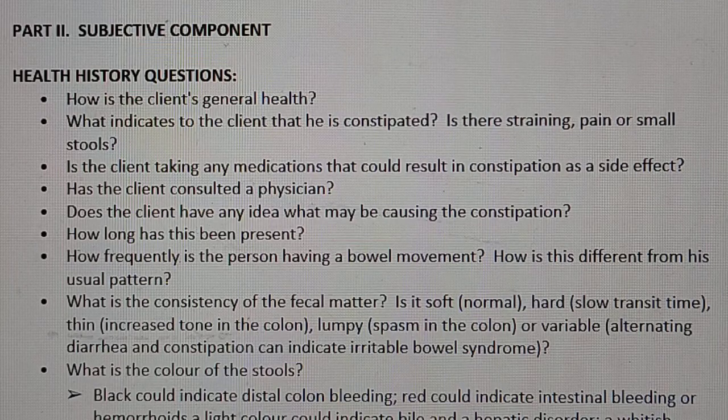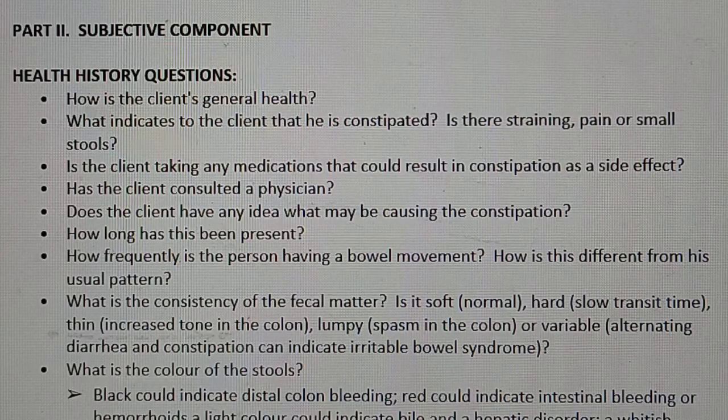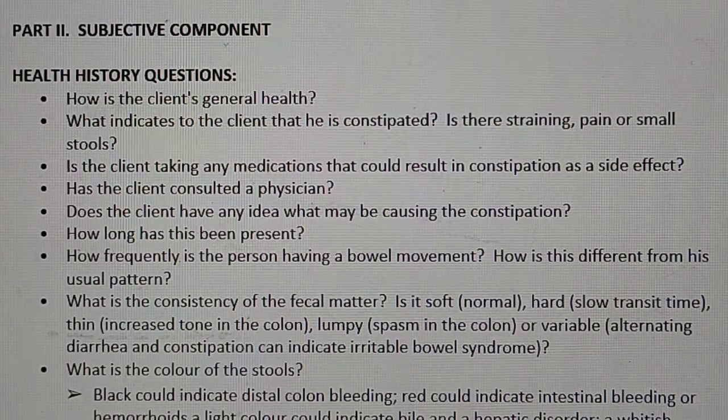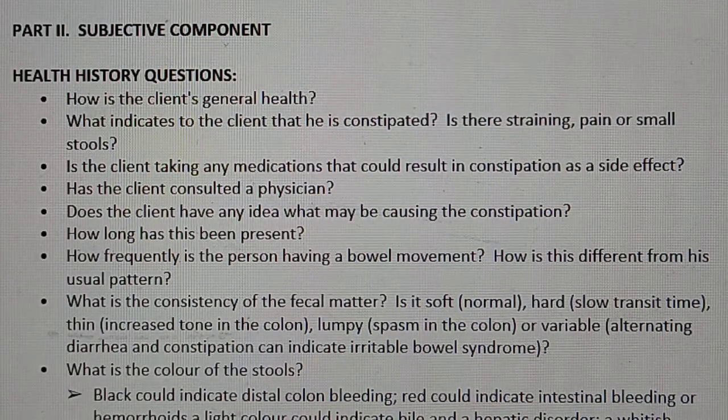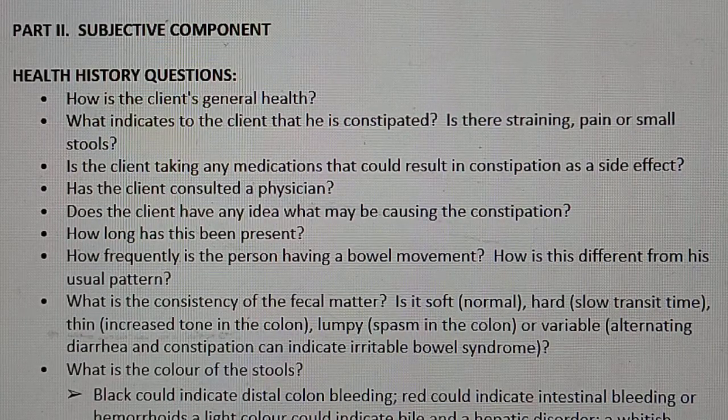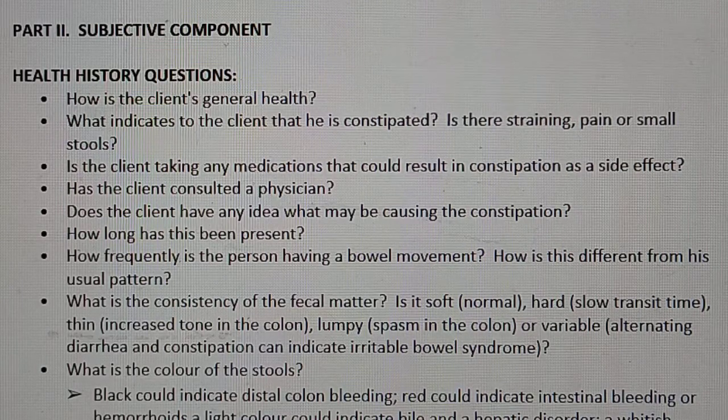So there's mucus, you have a disorder pertaining to your intestine, like irritable bowel syndrome. So when you see these symptoms, guys, on the fecal matter, you're going to be able to assess the disorder of the client with regards to constipation.